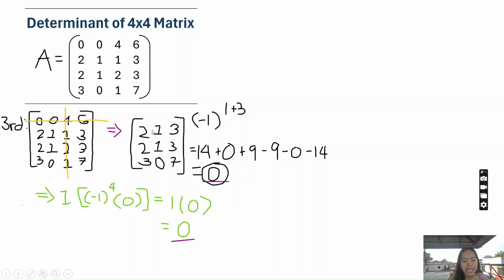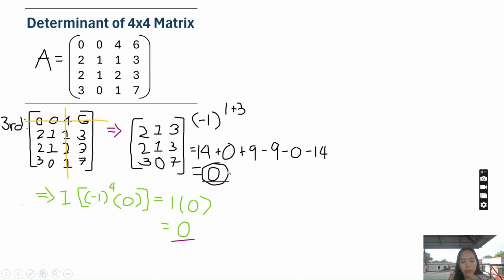Copy that, and then the same solution again. Multiply it diagonally, and then for the two pairs, you will just get another from here or from here. So this is the solution when we solve this matrix: 14 plus 0 plus 9 minus 0 minus 14.